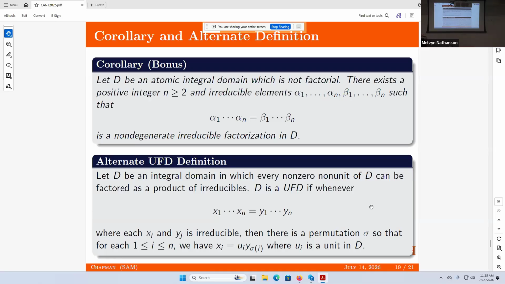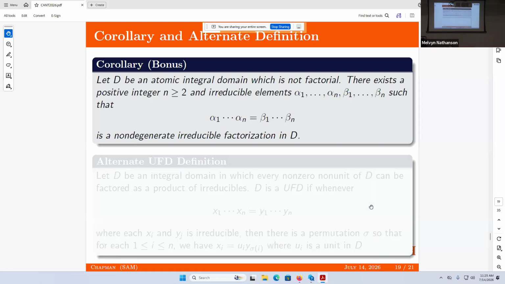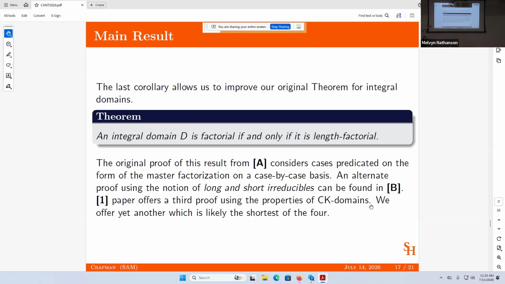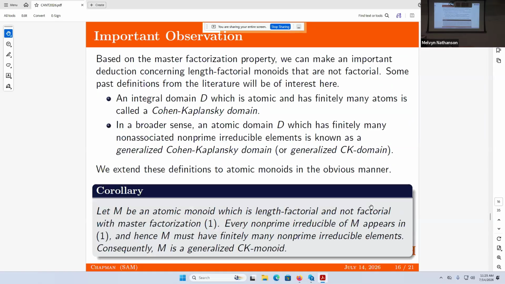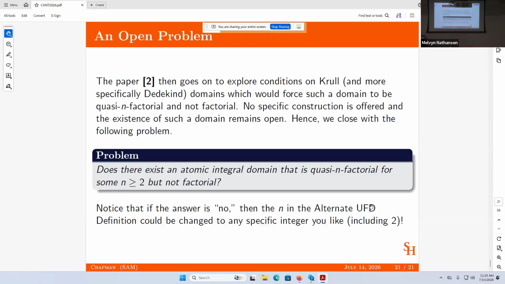If you've got an integral domain and you want to check to see if it's a UFD, you only have to check factorizations of length 2. Now, I don't know that that's true. But if there does not exist such a thing, then you can simplify the definition of UFD even further.